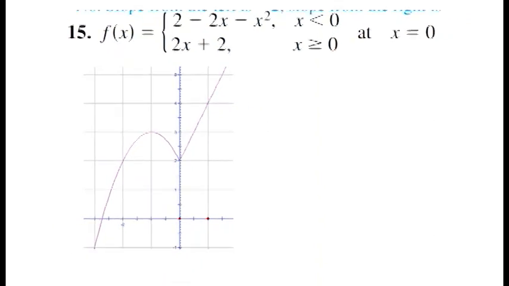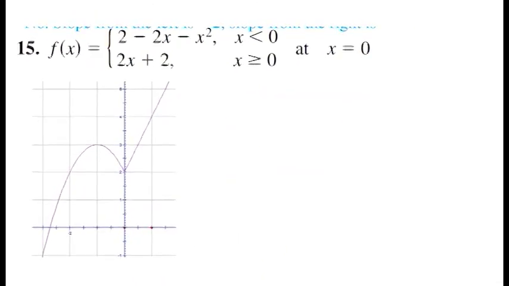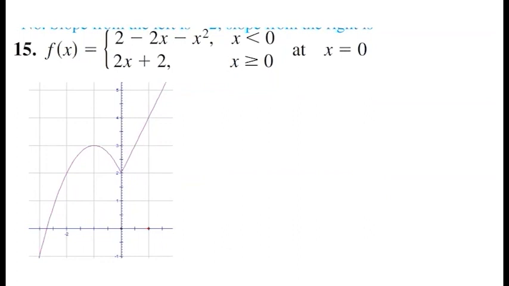Okay, so we're supposed to calculate the slope of this thing, right? Yeah, okay, so let's do it. The slope from the left-hand side, let's just do the left limit first. Meaning f prime of 0.